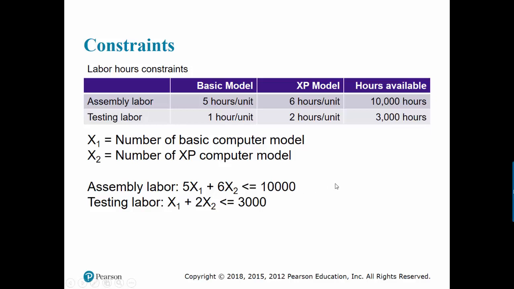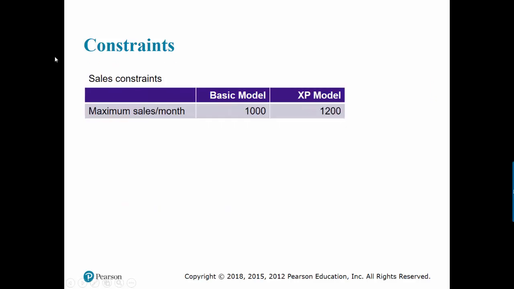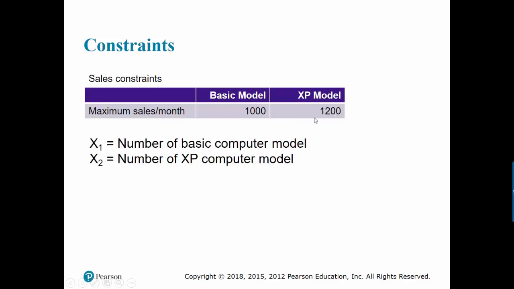We still have the sales constraint. We can only sell 1,000 Basic and only 1,200 XP. So with X sub 1 and X sub 2 representing these two models, X sub 1 has to be less than or equal to 1,000 and X sub 2 has to be less than or equal to 1,200. These two take care of the sales constraint.